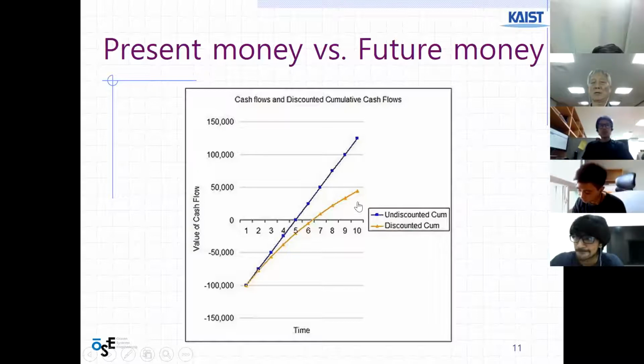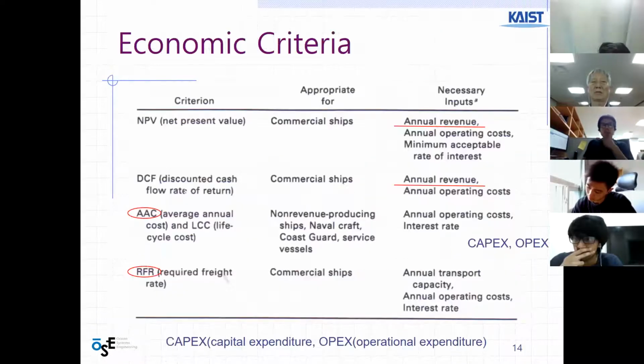By calculating back, what can be the net present value of this profit? It can be less than 50,000 because of the discount rate. That is net present value, not future value, present money. So after calculating all the fluctuation, incoming and outgoing, if you know the exact cash flow for 10 years, you can calculate net present value.